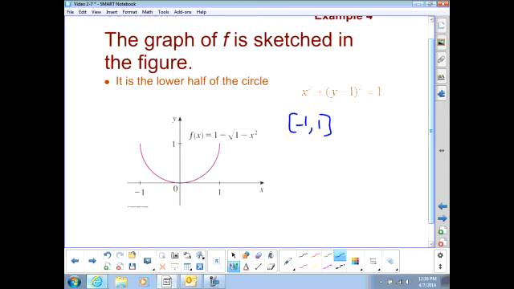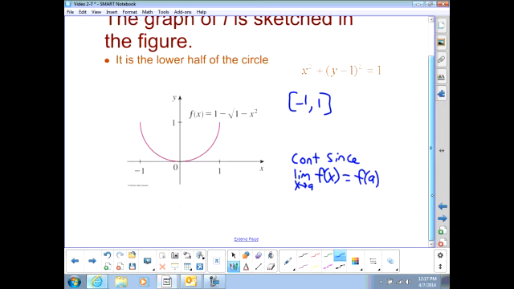Therefore, this will be continuous. So it's continuous since the limit as x approaches a of f of x is equal to f of a for all a that are in between negative 1 and 1.